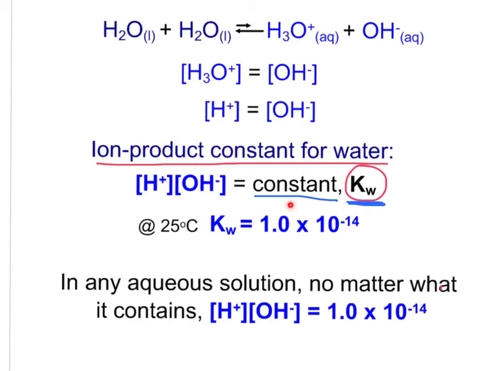But at room temperature, which we usually consider to be 25 degrees C, our ion product constant for water, Kw, always equals 1.0 times 10 to the negative 14th, no matter what is contained in solution. Why do we care about that? Why is that important? Let's look at what the ramifications of that are and what it allows us to calculate.